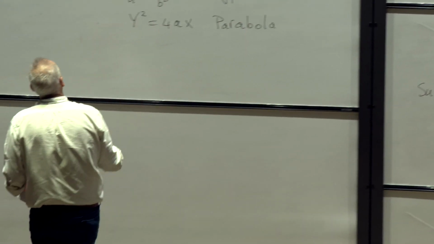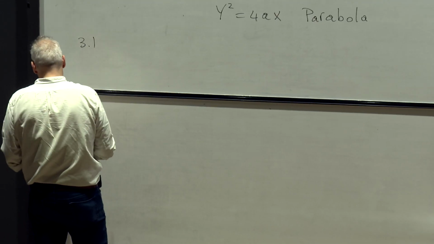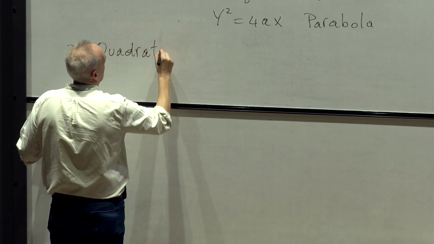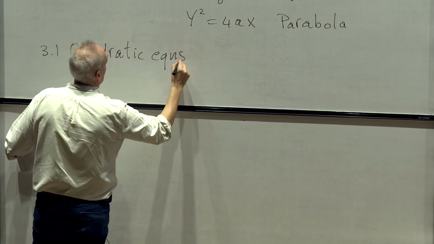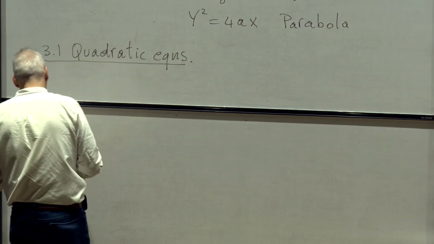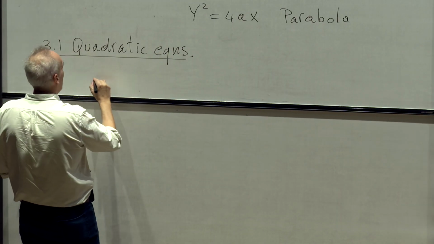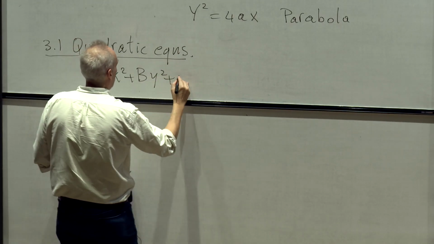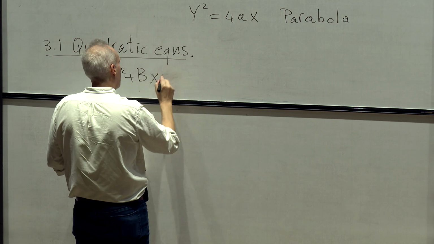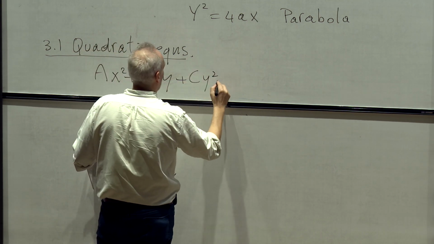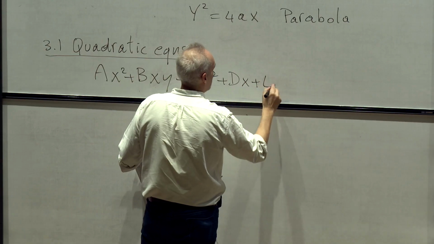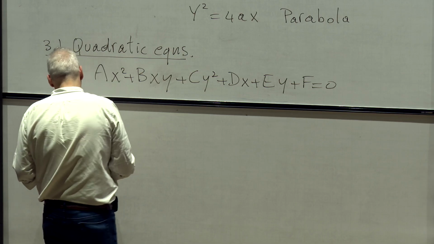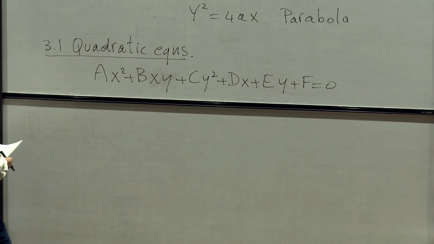But now we want to go to part 3.1, which is the quadratic equation. So I start with the most general form, ax² plus bxy plus cy² plus dx plus ey plus f equals 0. And I want to know all the solutions of that equation.